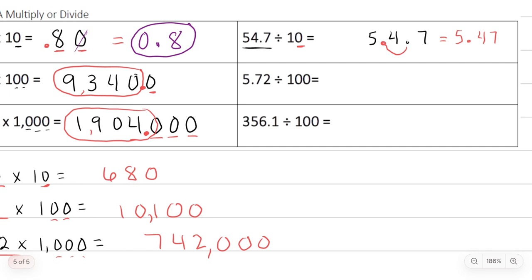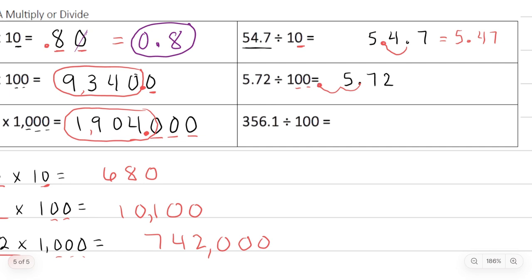Okay, let's do that again. I'm going to copy my number. I'm going to count how many zeros I have. 1, 2 for the 100. And then I'm going to get that decimal that I have here and I'm going to move it back 1, 2. My new decimal place goes right here.